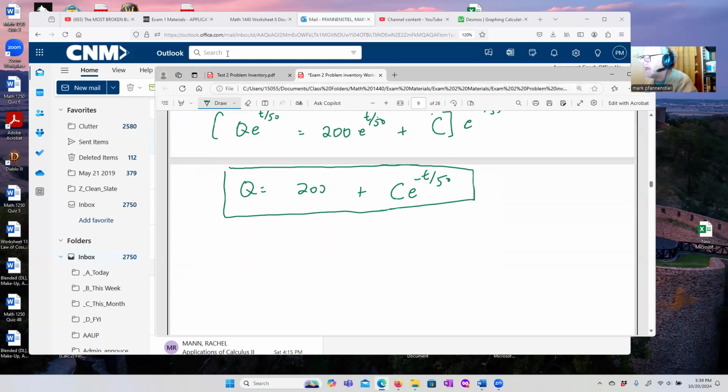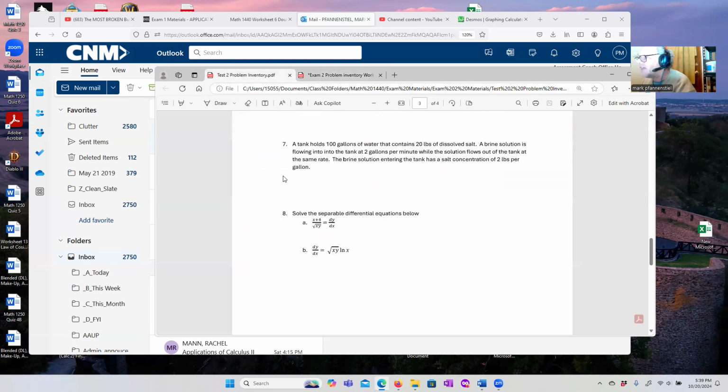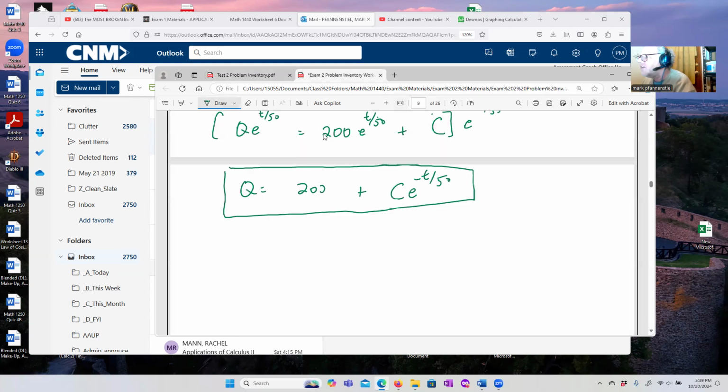Here's where you go back to the problem and ask, what was the first sentence of the problem? The tank holds 100 gallons of water and contains 20 pounds of dissolved salt. So when t was equal to 0, we hadn't started the system yet, and Q is equal to 20. Let's set that up: 20 equals 200 plus c e to the negative 0 over 50. e to the 0 over 50 is e to the 0, which is 1.